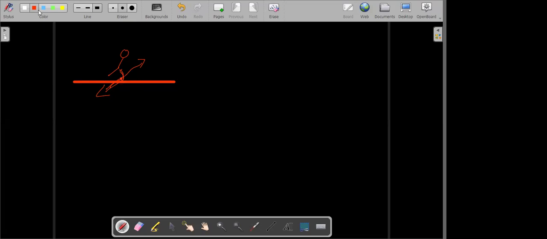Here friction is helping us to walk. It's not opposing our motion. So the force of friction will be acting in the forward direction so that we do not slip. Got it? So it does not always occur in the opposite direction.